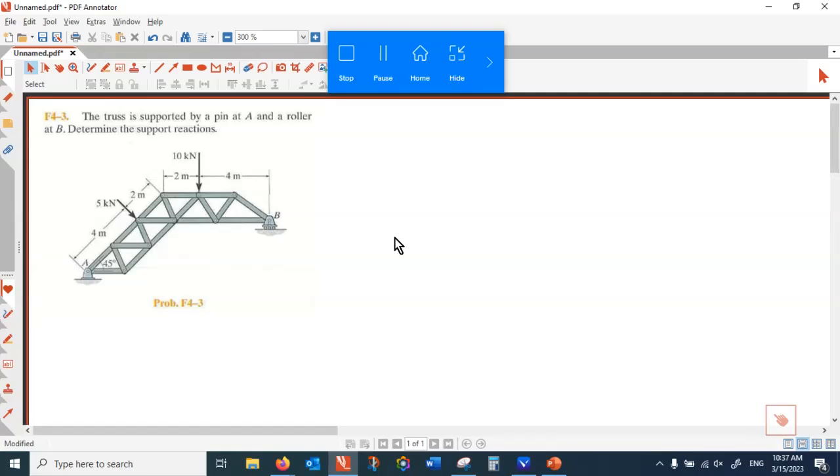Here we don't go into the detail of what forces develop inside the structure. We simply want you to understand what forces develop at the supports. But later on, when we get into the truss structure, the purpose is to know, if you apply 10 kilonewtons over there, what forces develop in each individual member. Why do you want to do that? Because you want to know the critical member in that structure.